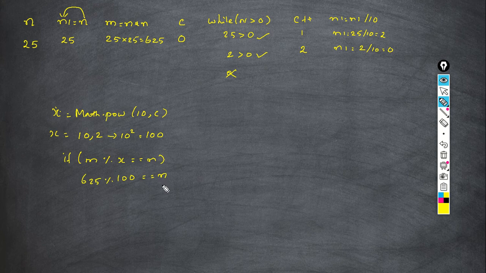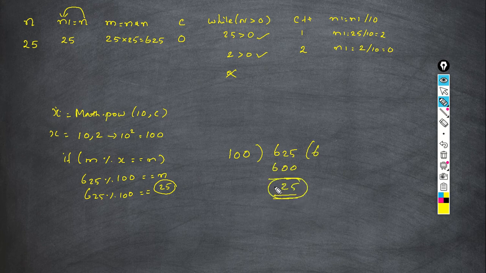What is n? That is 25. I have to check whether 625 modulus 100 is equal to 25. If I divide 625 by 100, I get 6, that is 600, and the remainder is 25. So 625 modulus 100 will give me 25. So this makes 25 equal to 25, and hence the automorphic number logic is succeeded.